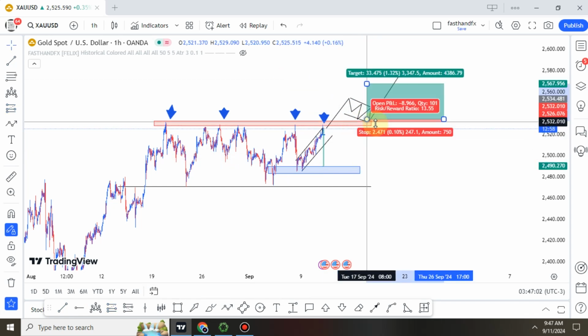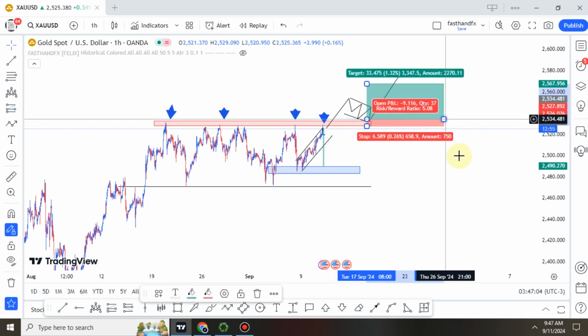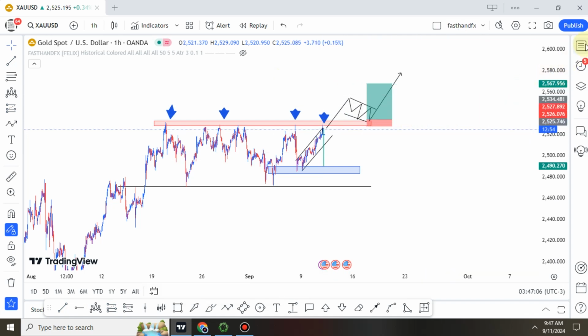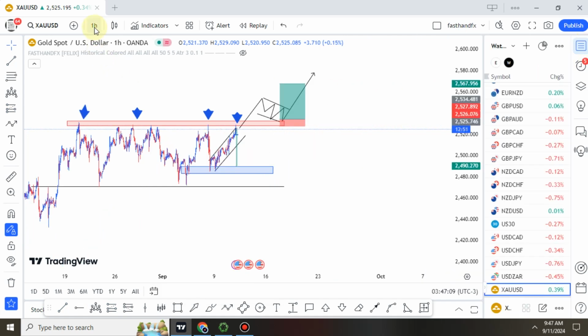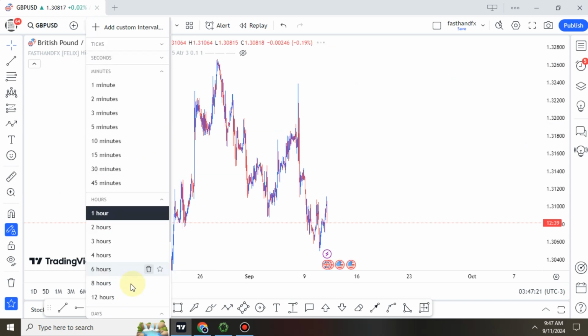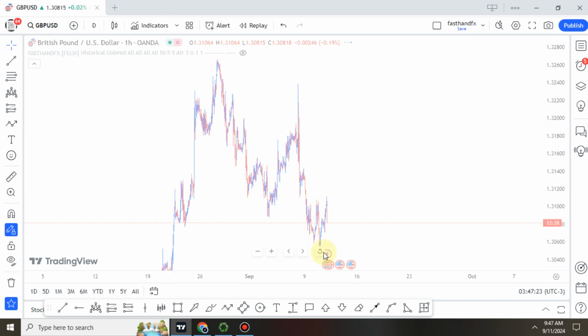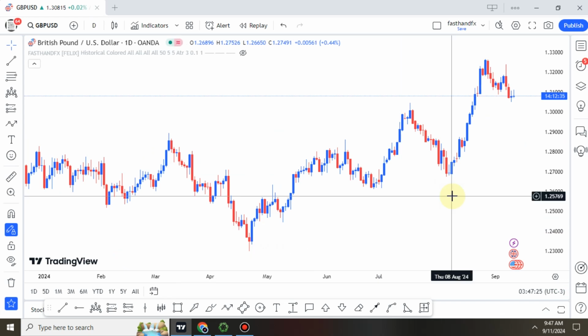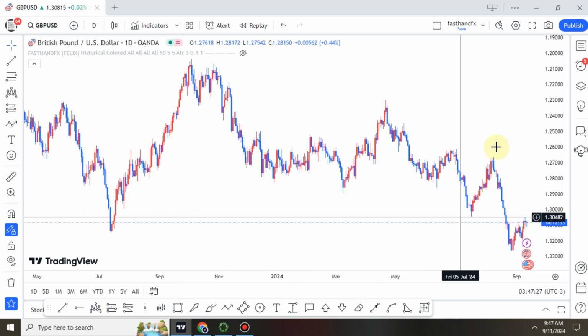But taking a buy now, I think that is also on GBP USD and Euro USD. Where's GBP USD? Yeah, GU right there. So real quick, let me just hit the daily for you guys. Boom. Flip the screen to make it cleaner.